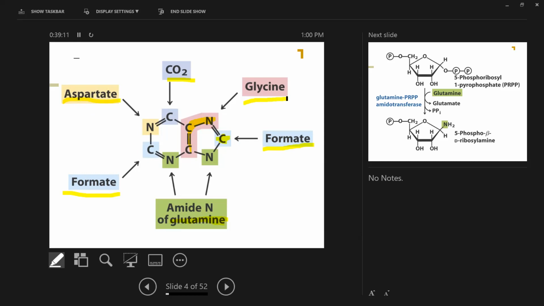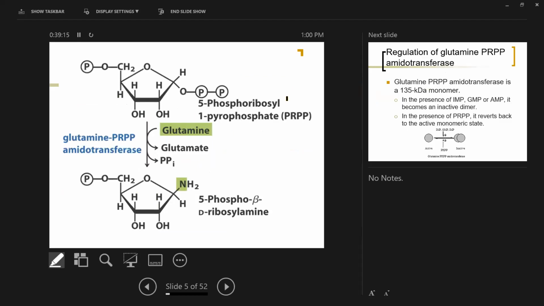Okay, ready? Take a deep breath. So this is from your book. All these pictures are from your book. And it starts with 5-phosphoribosyl 1-pyrophosphate.